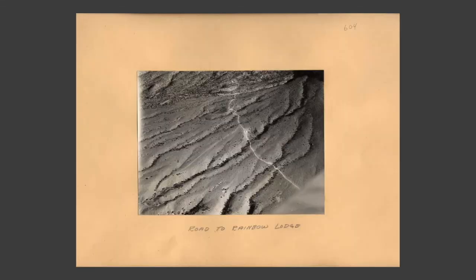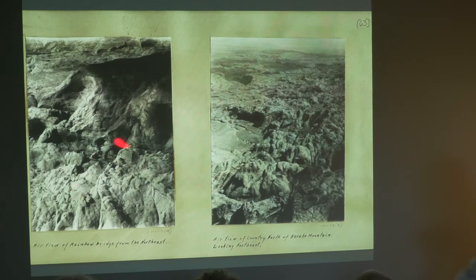This is a road to Rainbow Lodge, which no longer is there. It burned down, but it used to be a lodge people could stay at after a really rugged travel there near Monument Valley. There's the Rainbow Bridge there. And this is from the north part of Navajo Mountain.